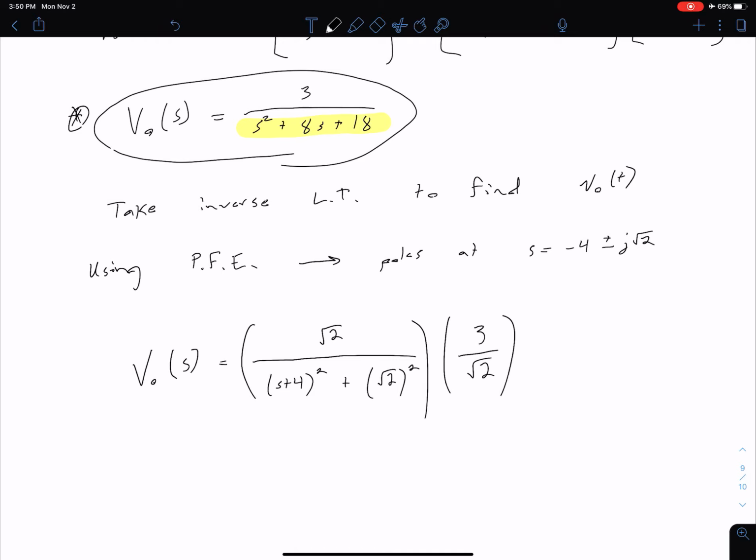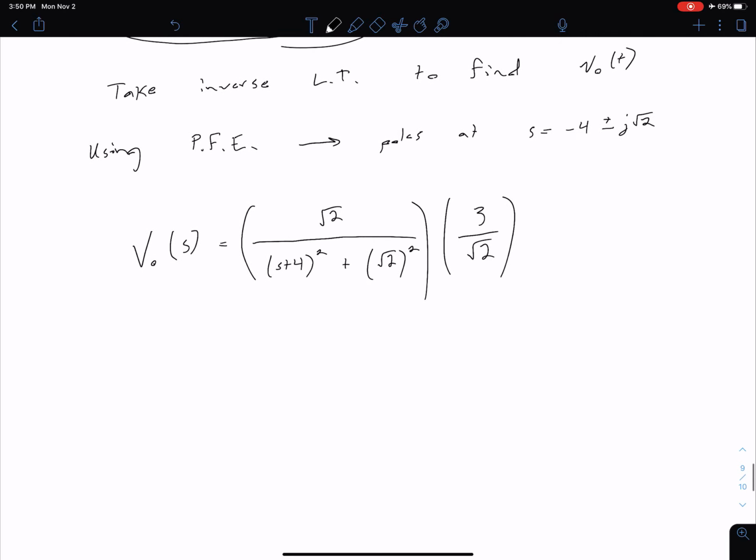Well, if we look at our transform pairs table, we can see that this actually corresponds to a transform pair for a sine omega t, where our omega is equal to this value here, and we have a shift now of 4. We can handle that with our frequency shift property, because this is a shift in frequency, and then we just have some constant out here that's being multiplied by this function.